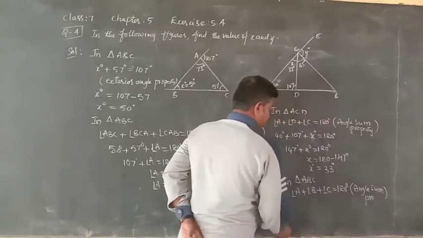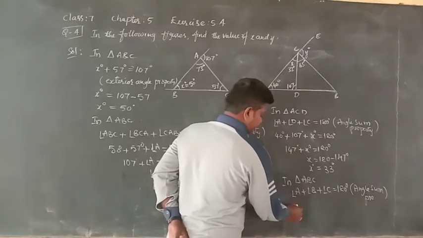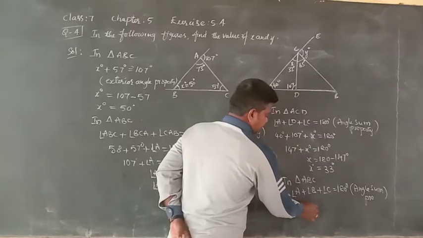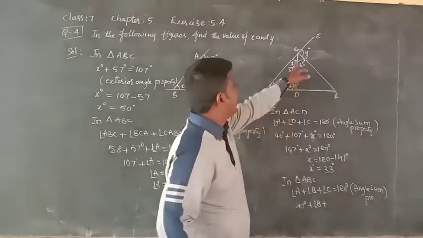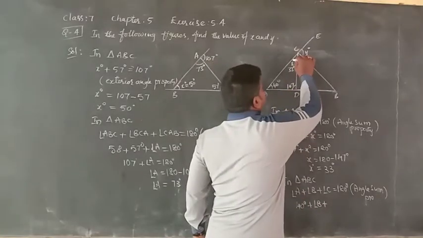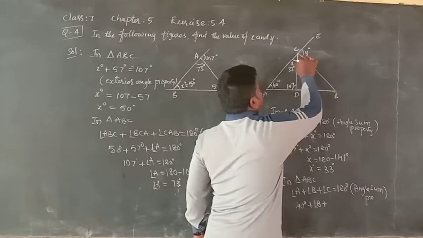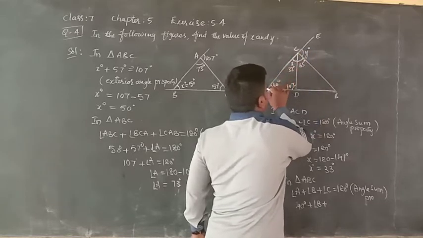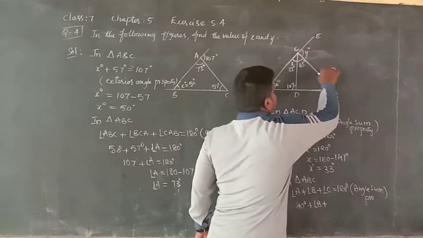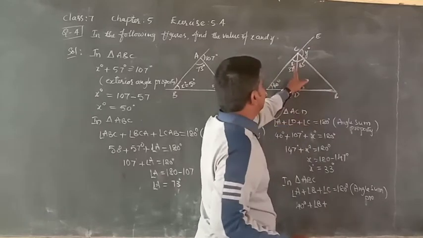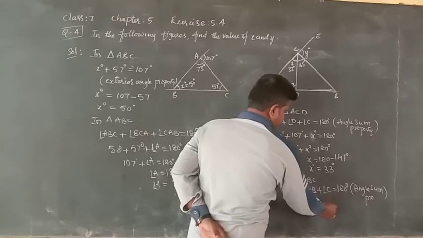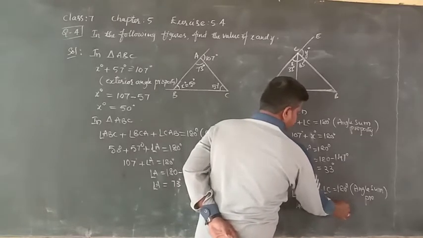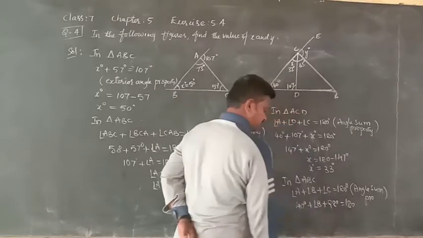Angle A is 40, plus angle B, we don't know that, plus angle C. Angle C is 33 plus 65, which is 98. That equals 180 degrees.